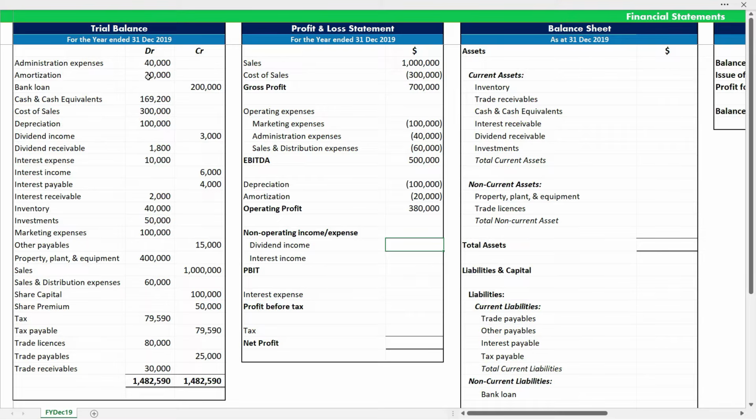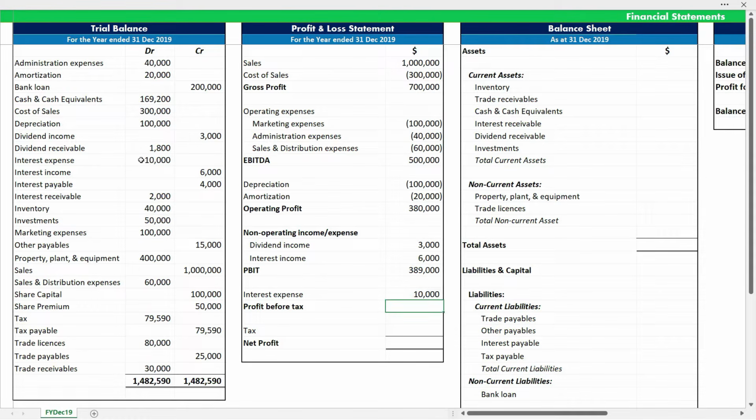Then we have dividend income and interest income. So let us find that from our trial balance. So dividend income, and then we have interest income, that is here $6,000. And then let us sum all of these values together, and here we have our PBIT. Then we have to deal with interest expense, that is here $10,000, and then also calculate profit before tax.